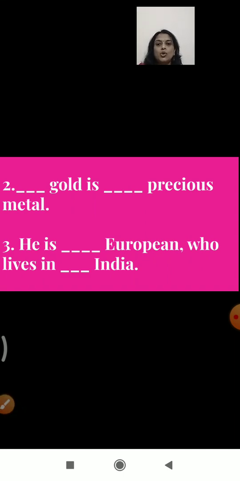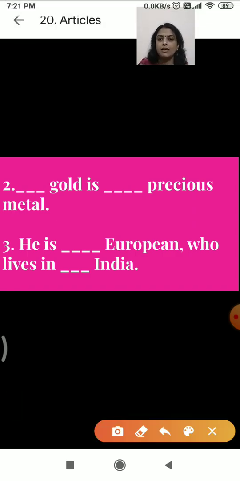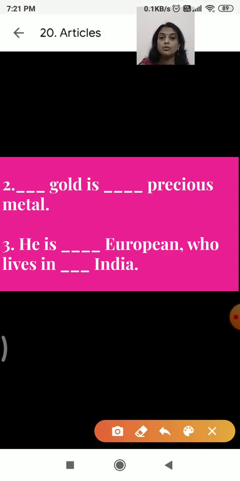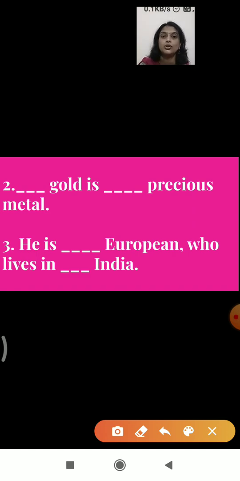Dash gold is dash precious metal. Now I hope you remember the rules when to use and when not to use. Now gold.